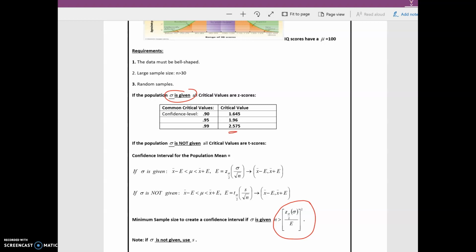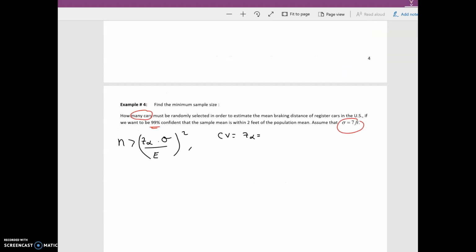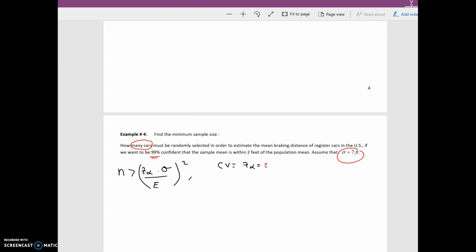So the 99 is 2.575. And then the actual error that they're willing to accept in this calculation is within 2 feet. So technically 2 feet.